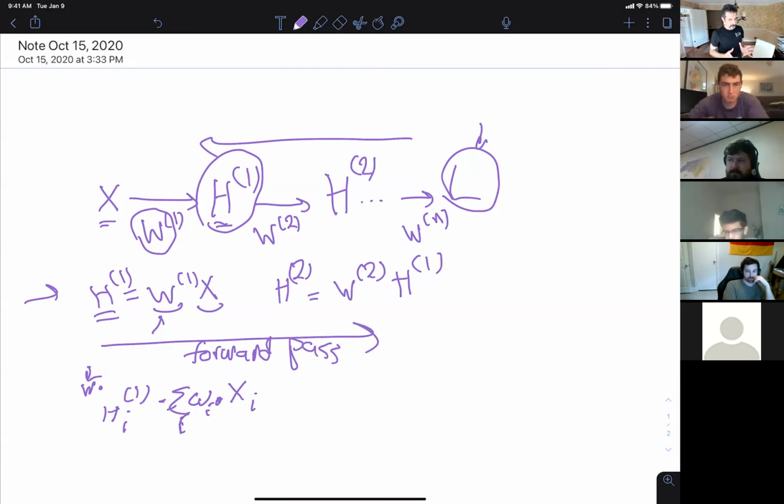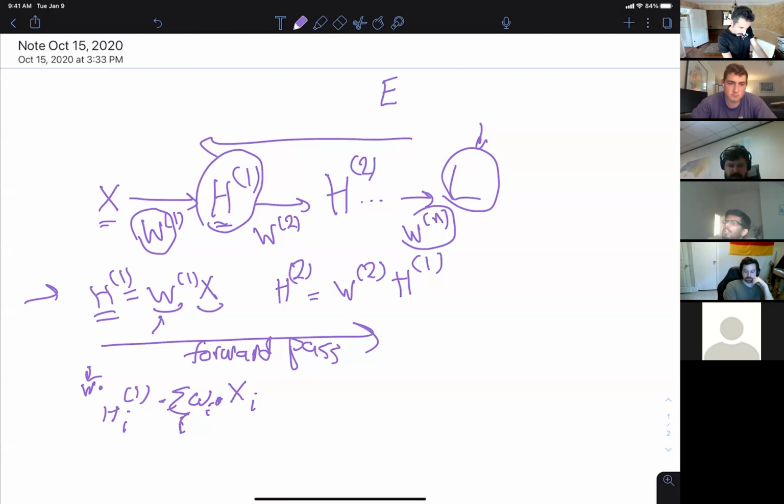Imagine this matrix E, where each element is the partial derivative of the loss with respect to a weight, right? So you multiply this by the weights for this layer, transposed, in order to go the other way around, right?